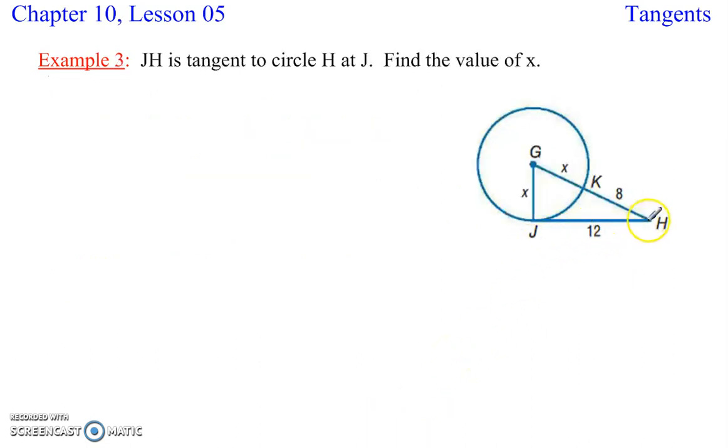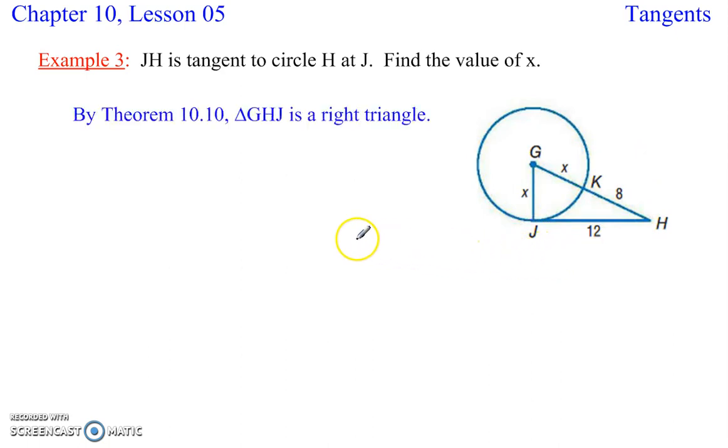Alright, now this time we know that JH is tangent to the circle at J, and we want to find the value of X. That means we know that this is a right angle, so we know that this is a right triangle, so we're going to use the Pythagorean theorem to figure this out. That means short side, GJ squared, plus JH squared is equal to the long side, the hypotenuse, GH squared.